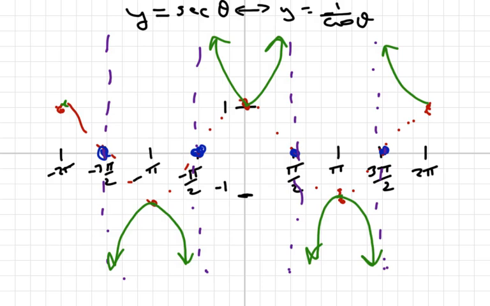And since our domain is starting at negative pi over 2 and going to pi over 2, we're going to stop and just draw half of it here.